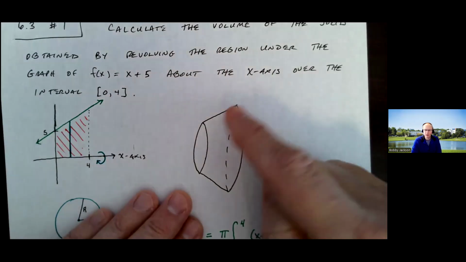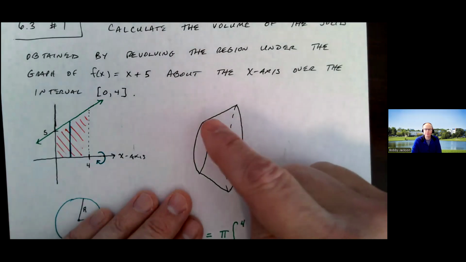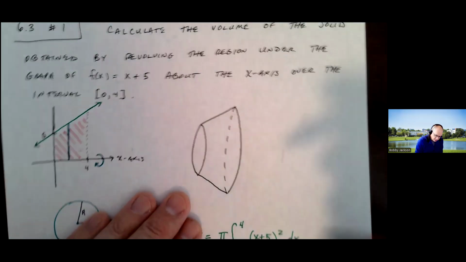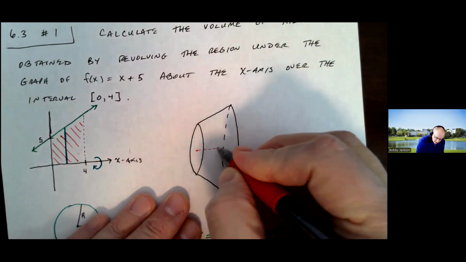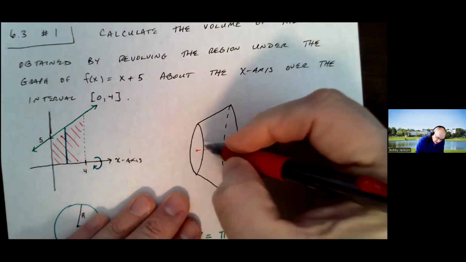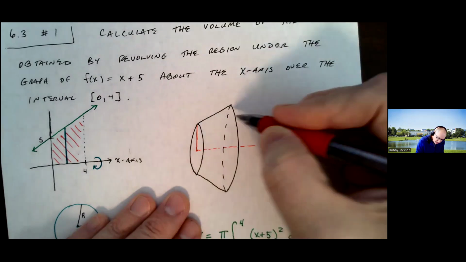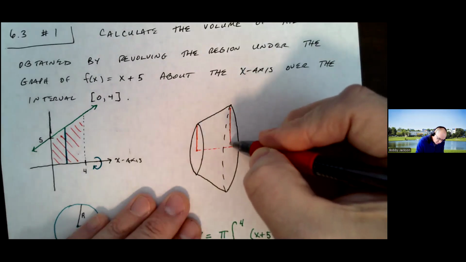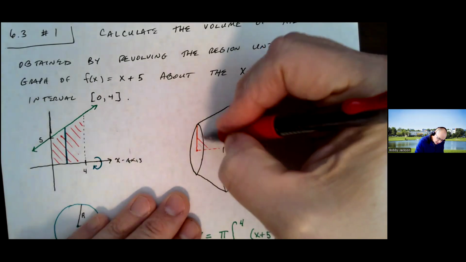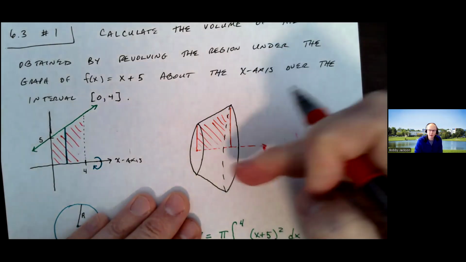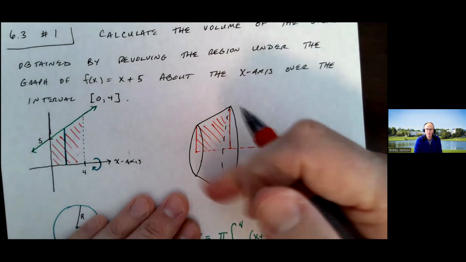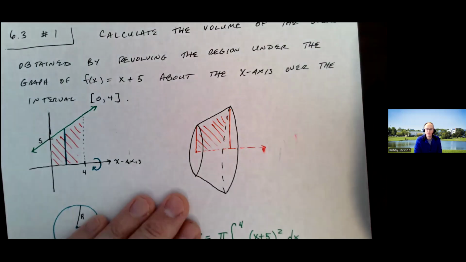I tried to draw that solid here roughly. Coming out of here is the x-axis, and this is that region that I shaded in right here. I'll just shade it in here. And that region is going about and forming this shape right here.